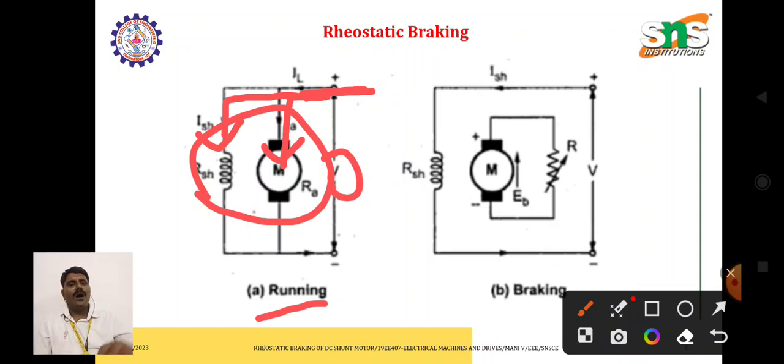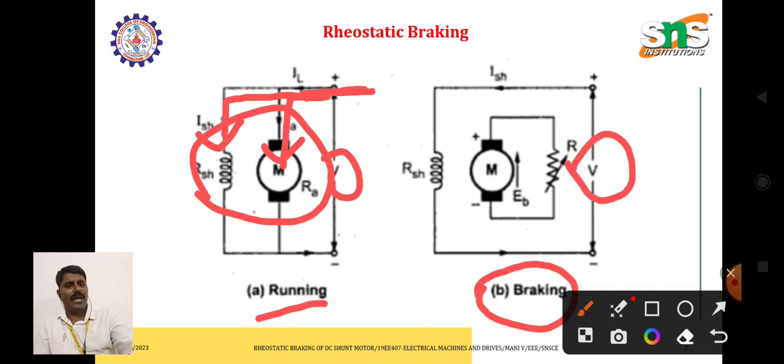Okay. If you go for the braking system, what is the difference between the running condition and the braking condition? You can see the same supply voltage is there, but the line current is only flowing through the field winding. In the running condition, the current flows through the field as well as the armature.